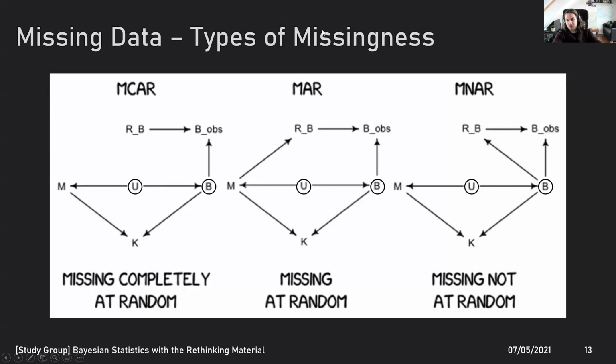These are just a select few, where for MCAR, missing completely at random, we have some unobserved variable, which leads to variation in mass. Mass affects milk calorie percentage, that is, so mass affects calories of the milk.